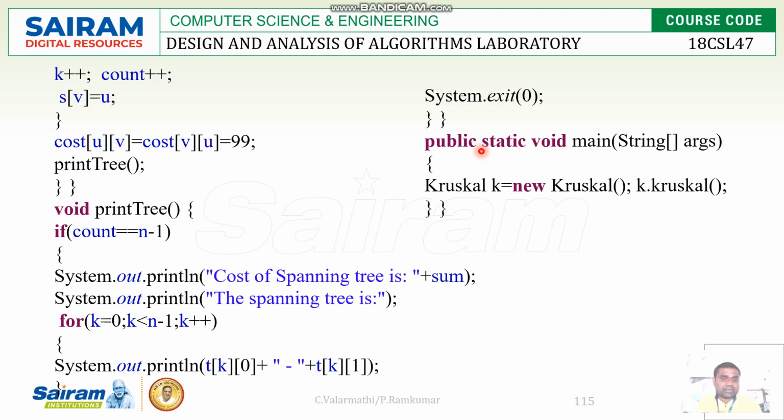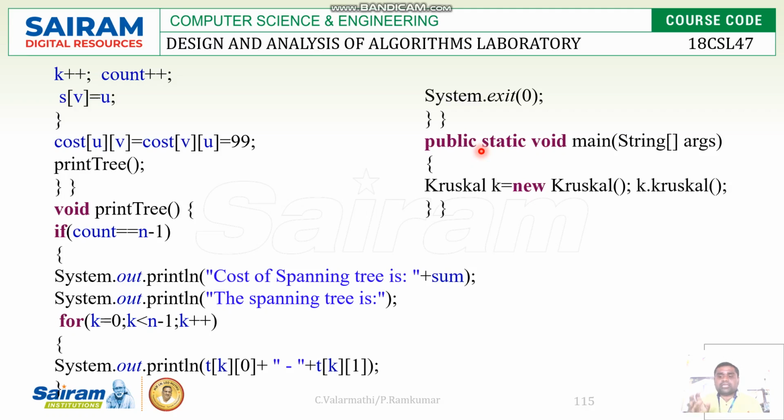If count is equal to n minus 1, then we have already calculated the cost of the spanning tree, and those results will be displayed. Then for identifying the cost of each and every adjacent vertex, we are using System.out.println with t of k of 0 and t of k of 1.